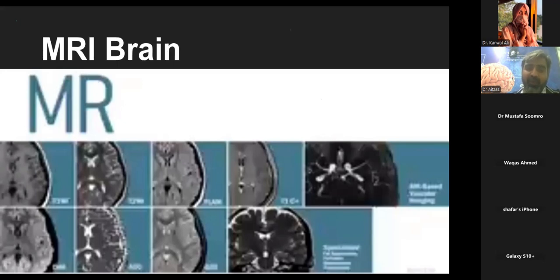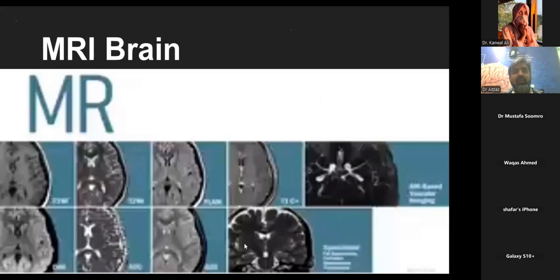Suppose we suspect ischemia, we will go for diffusion weighted imaging or SWI. ADC is the counterpart of diffusion weighted imaging. If we are looking for phase separation, we will go for the STIR image, the phase separation sequence, that's the last one.